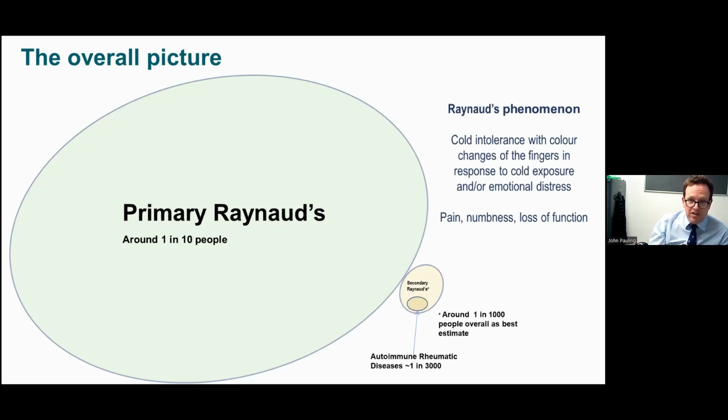And they'll also often experience similar levels of pain, numbness, and loss of function. So primary Raynaud's, despite the fact that doctors will often perceive it as more benign, the symptoms can be as severe as people with scleroderma-related Raynaud's in terms of the severity of the digital vascular symptoms.